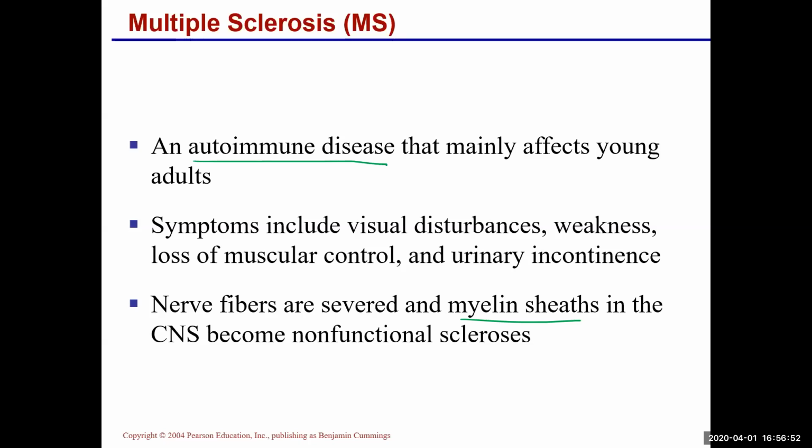There's no cure for it. I mean, there are all kinds of immune suppressant drugs to slow down the process, but the immune system continuously attacks our own cells. And that's called autoimmune disease. Multiple sclerosis is basically involved with the myelinated sheaths that we discussed.